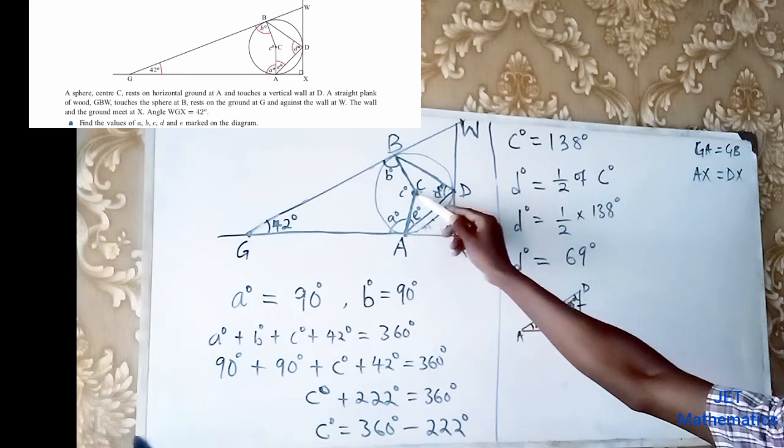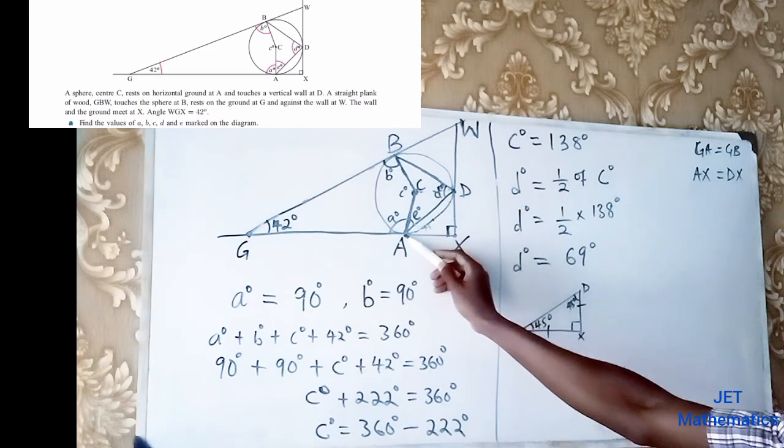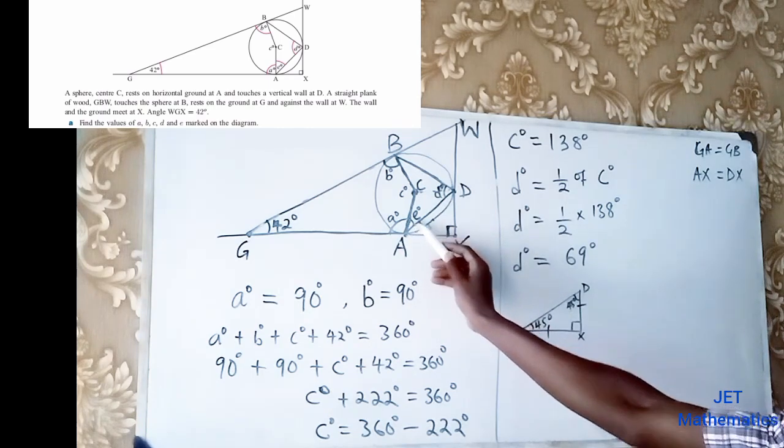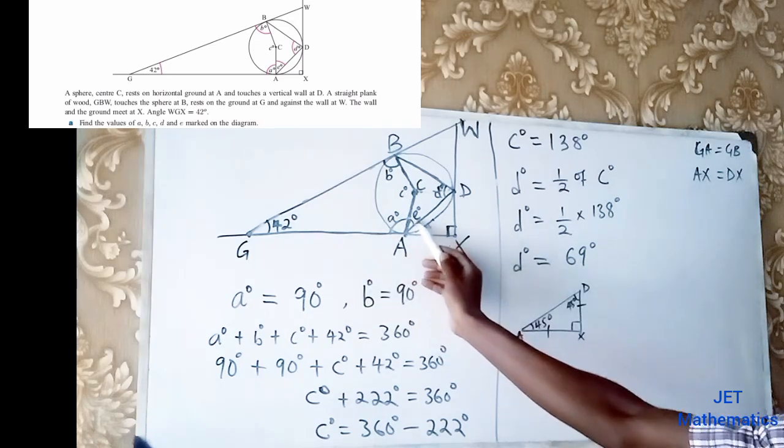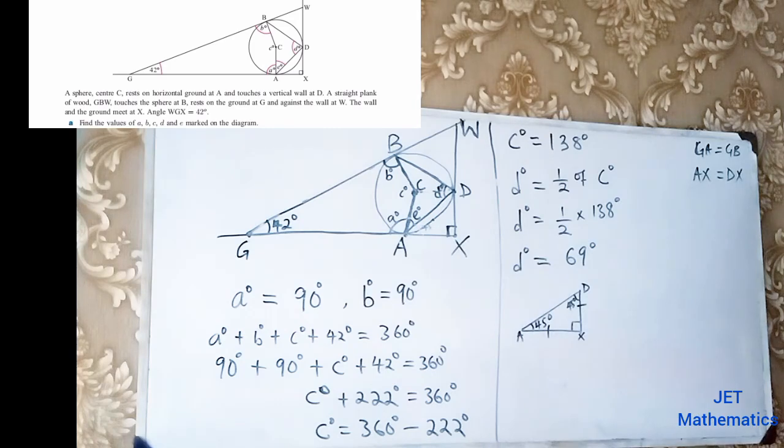Remember, from the center of the circle to the point of tangency is perpendicular to the tangent. That means the whole of this place is 90 degrees. So E degrees plus 45 degrees is equal to 90 degrees.